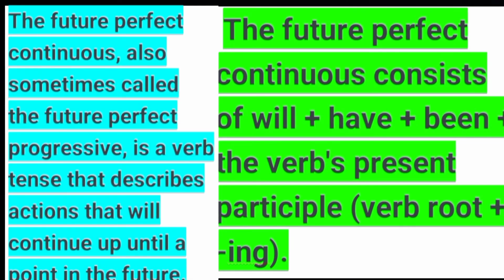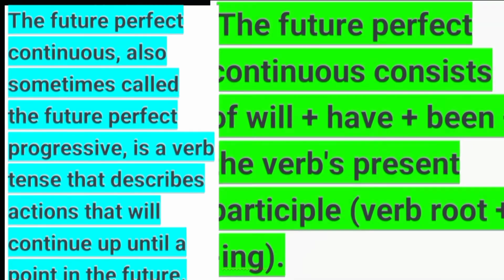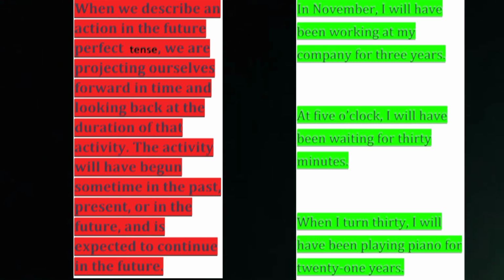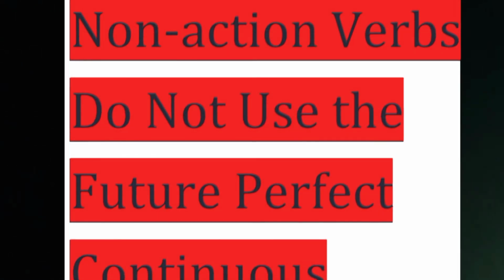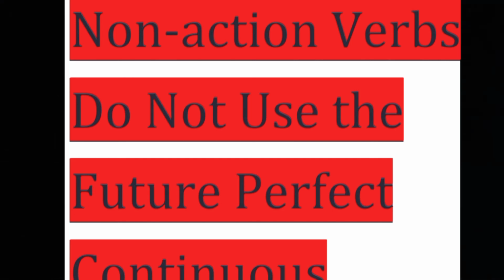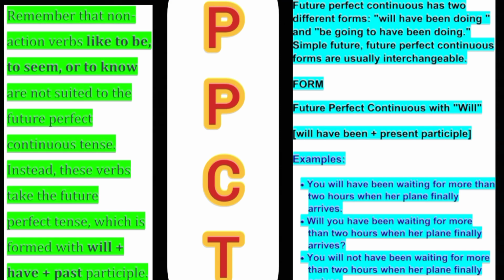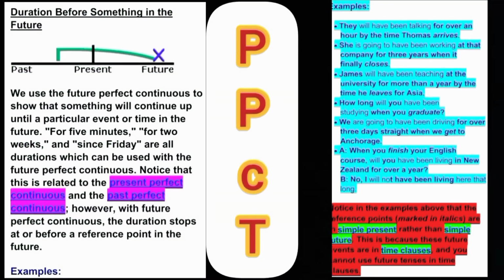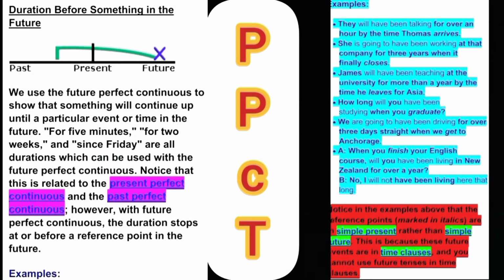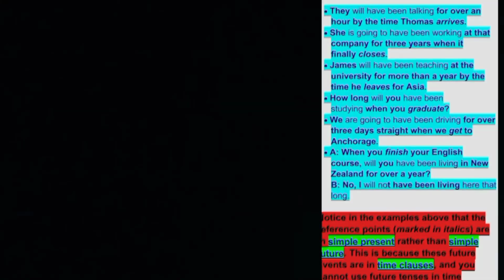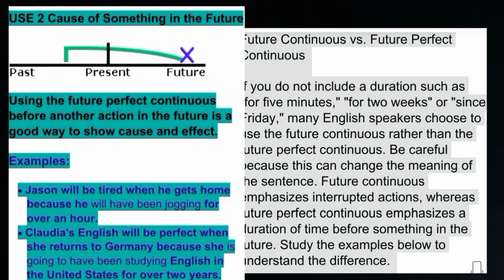Future perfect continuous, also sometimes called the future perfect progressive, is a verb tense that describes an action that will continue up until a point in the future. It consists of will, have, been, and the verb's present participle, the first form of the verb plus ing. When we describe an action in the future perfect continuous tense, we are projecting ourselves forward in time and looking backward at the duration of that activity.